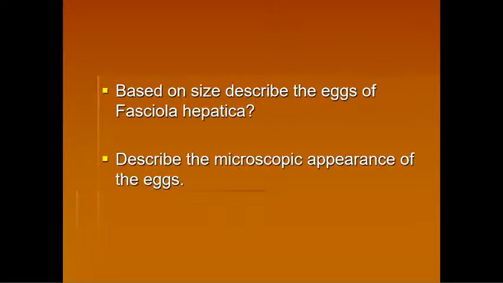Right? Now, based on size, describe the egg of Fasciola hepatica. It is the largest helminthic fluke egg. I'm not sure if you've seen those charts in your parasitology class, but they show the difference between the sizes of the eggs or the ova.